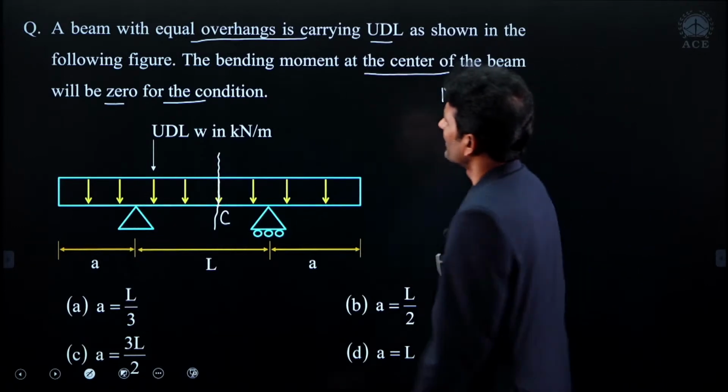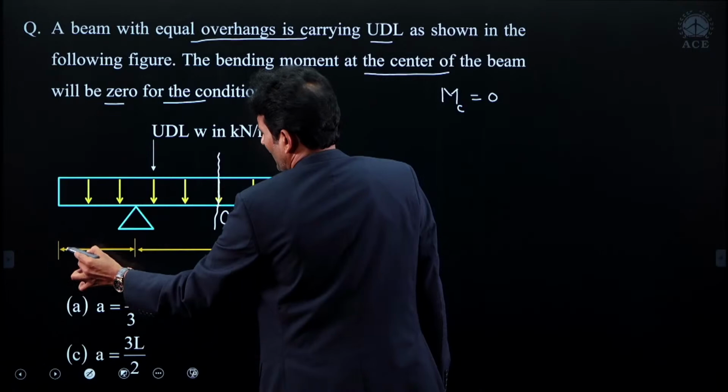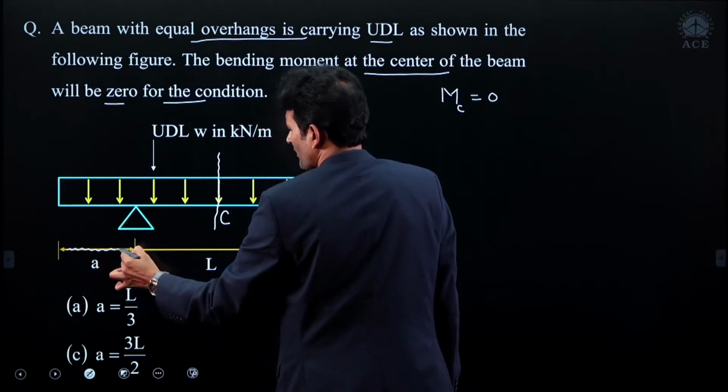For that case, what is the overhanging distance I need to take in terms of length of the beam?